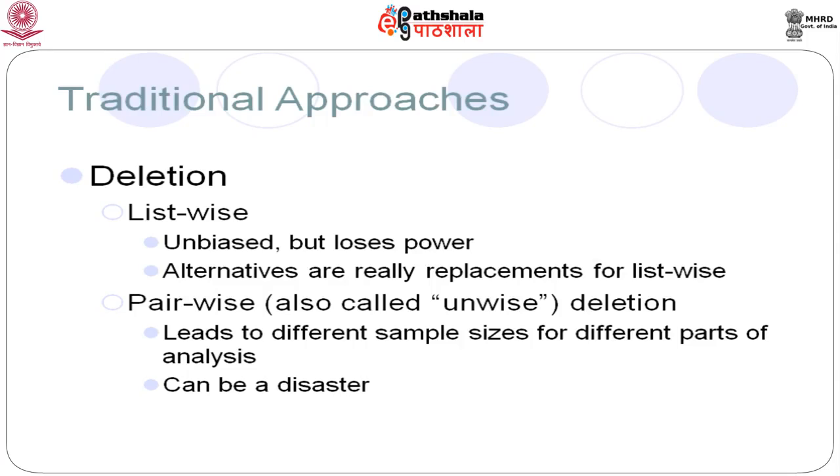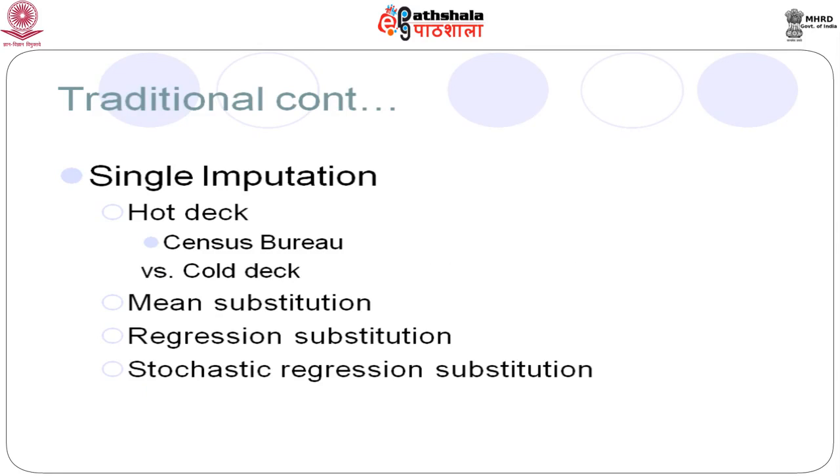The traditional approaches are deletion, as I said earlier, listwise deletion and pairwise deletion. These are very simple, old approaches, but not stochastic approaches. But these days people are using imputation techniques. Although we consider initially single imputation, single imputation is not really very strong.